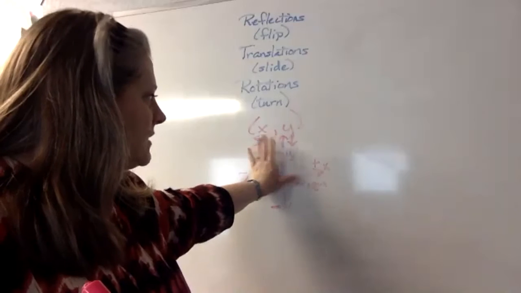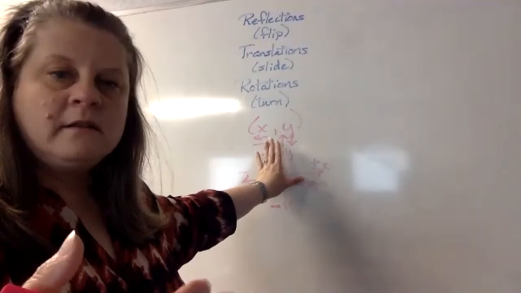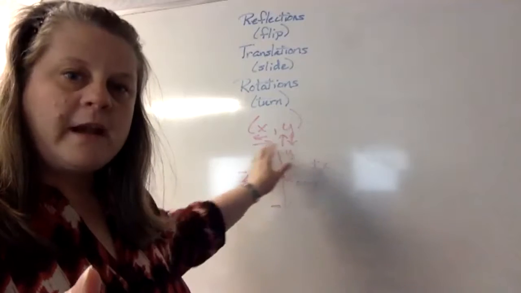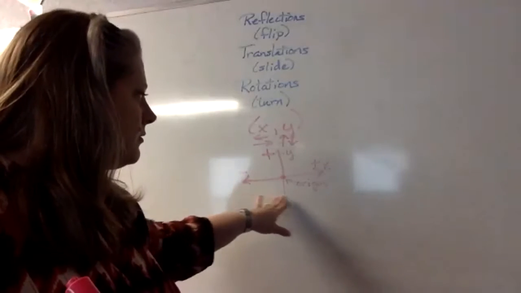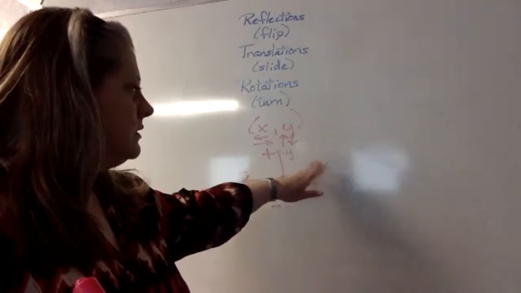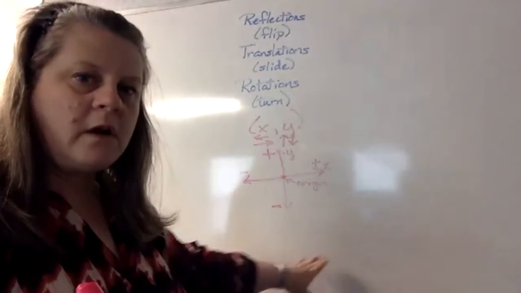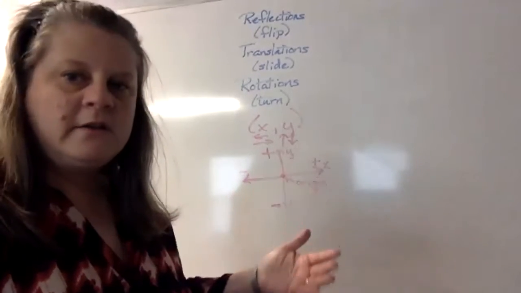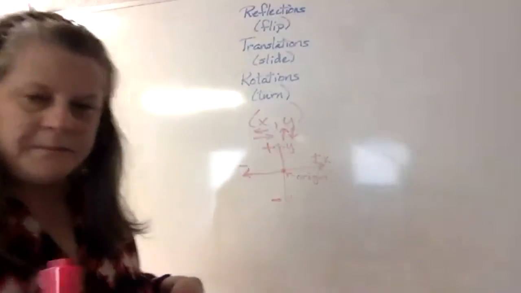Your x and y axes are always perpendicular to each other, so each quadrant is 90 degrees because they're right angles. Okay, you got quadrant 1, quadrant 2, quadrant 3, quadrant 4. So 90 degrees, 180 degrees, 270 degrees, go all the way around is 360 degrees. So those are things that we kind of talked about with this.